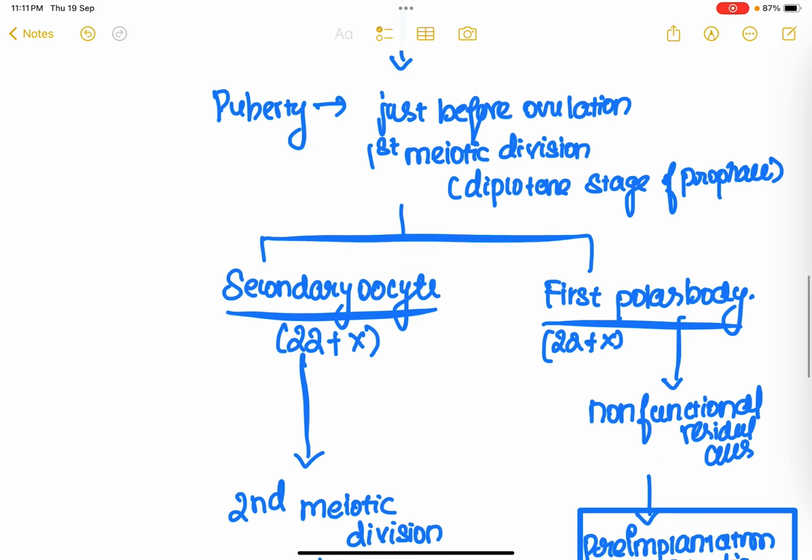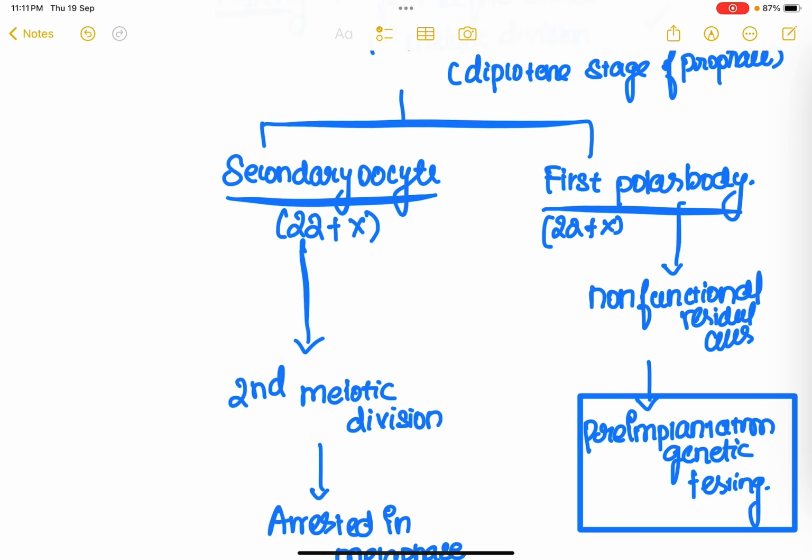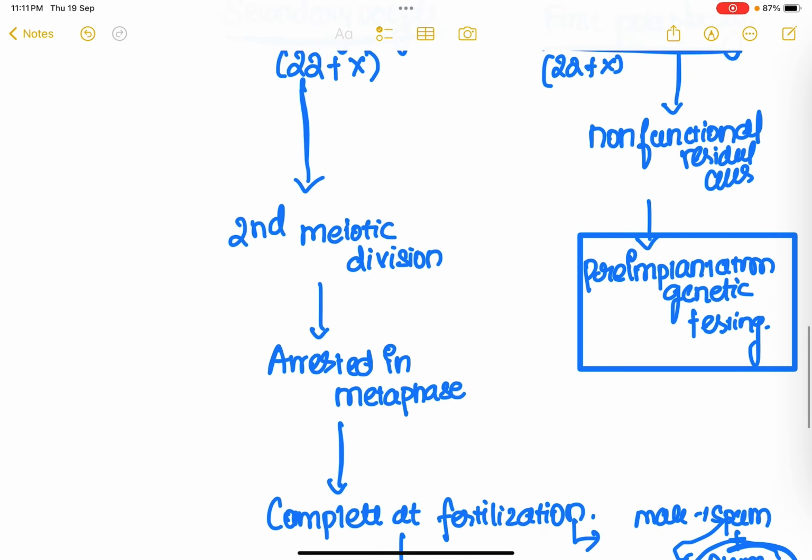Just before ovulation, when the female has attained puberty, the first meiotic division which was arrested in the diplotene stage of prophase gets completed. Since it is getting completed, the primary oocyte is converted into the secondary oocyte and the first polar body. The secondary oocyte, which is 22 plus X, now undergoes the second meiotic division, in which it gets arrested in the metaphase.